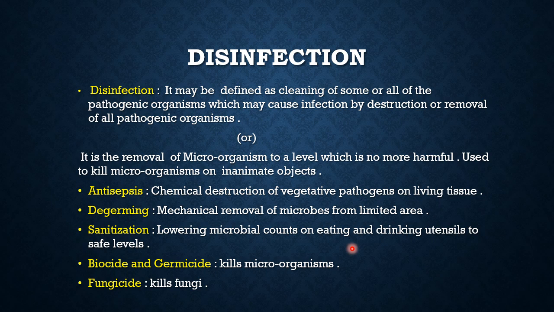Next is sanitization. Sanitization means lowering microbial counts on eating and drinking utensils to a safe level. It is mainly killing or removing the microorganisms on eating and drinking utensils.